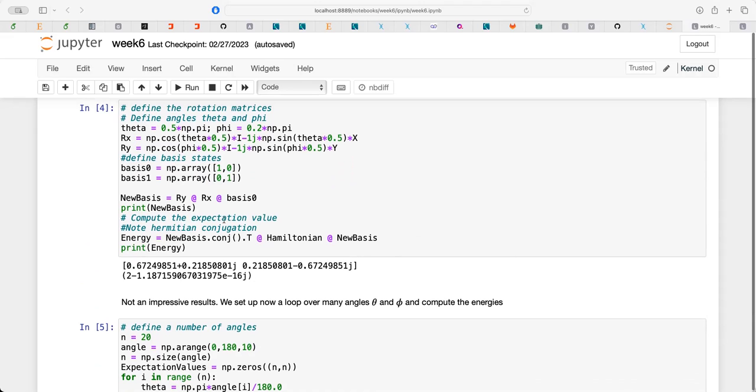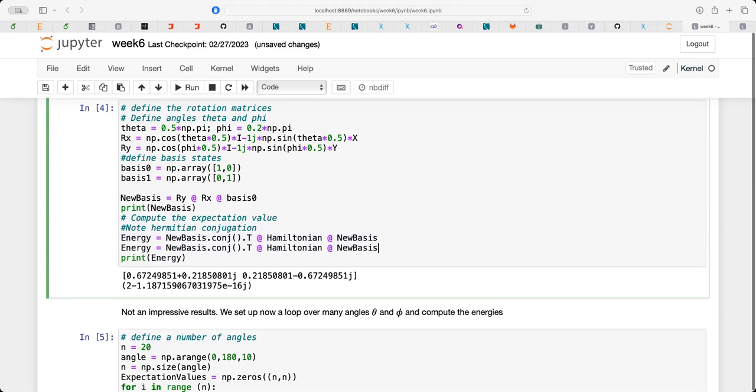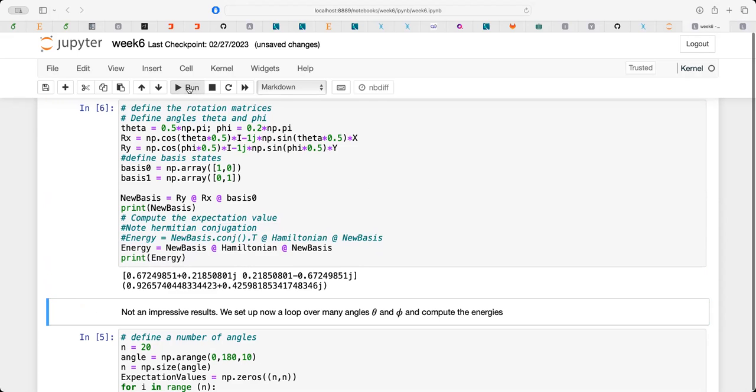But in the beginning, if you forget to do that, which I did, and I couldn't understand why, let's just do that and rerun it. Then you have an imaginary part which is non-zero. So that's a useful test that things are running correctly.